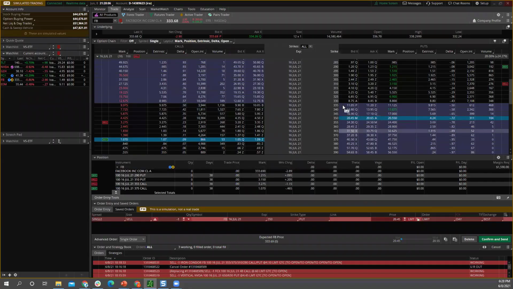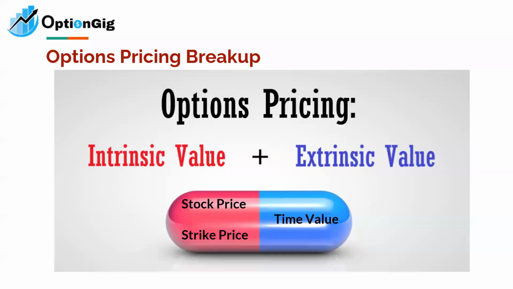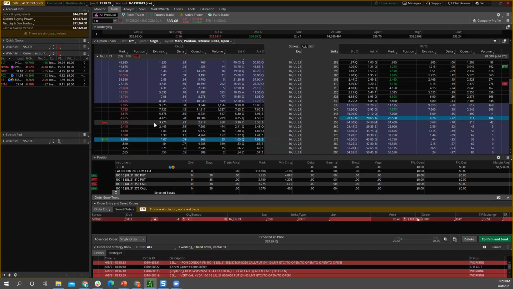Now, in this case, the stock is at 334, or let's assume it is at 335, and my strike price is 350. So the relationship between the stock price and the strike price will determine the intrinsic value of this option price.